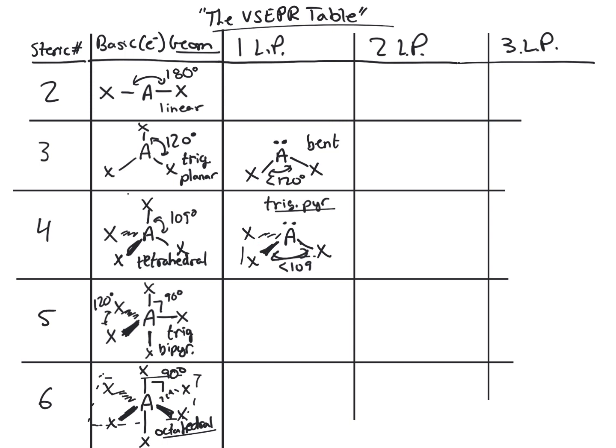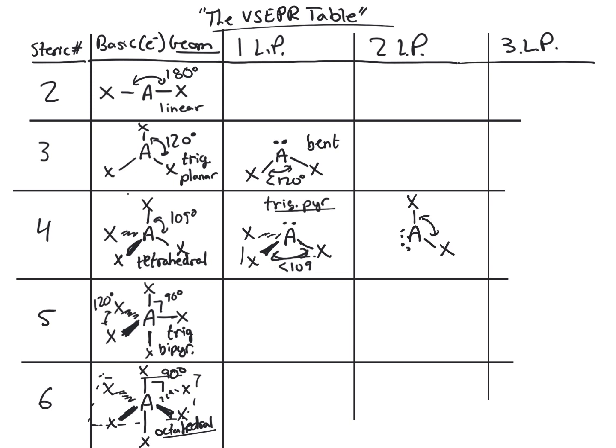Now, the other really common geometry here is with 4 things, we could also make 2 of those 4 things around the central atom's lone pairs. So I'm going to put them in these 2 positions so our remaining molecule looks in the plane here. So again, I've got now A, and I'm going to put 2 lone pairs over here. And what we can actually see is this part, A, X, X, those are the atoms.